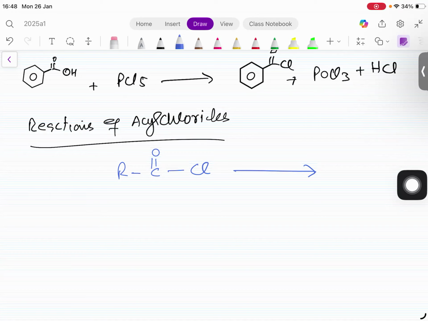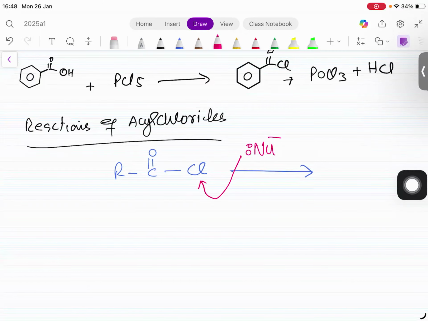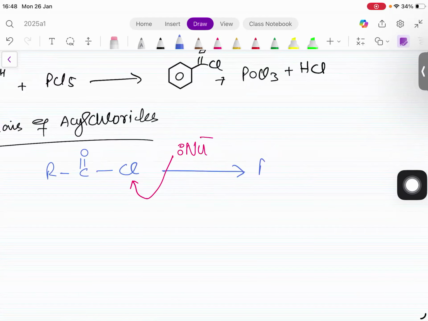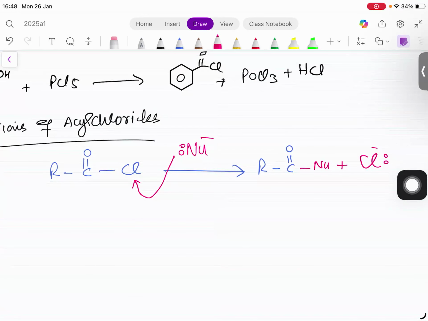The same thing happens here, that a nucleophile comes in. I'm writing a Nu, and it's going to replace this Cl. So what is the product? RCO and then the nucleophile, and the Cl is gone out. So it's almost the same reaction, right? As they were happening in haloalkanes.